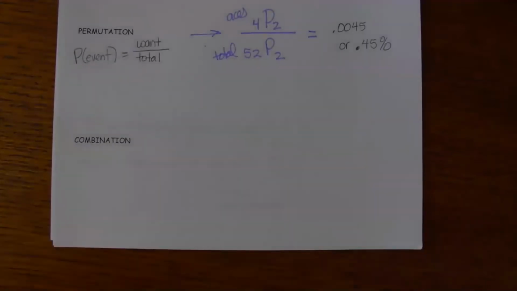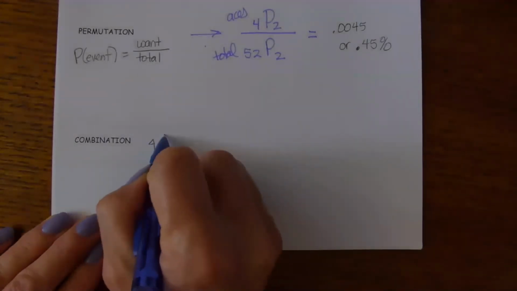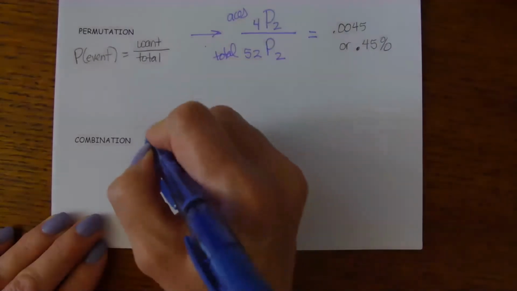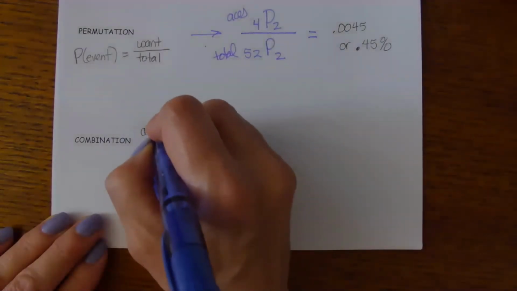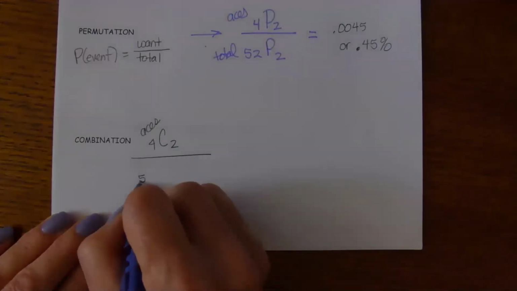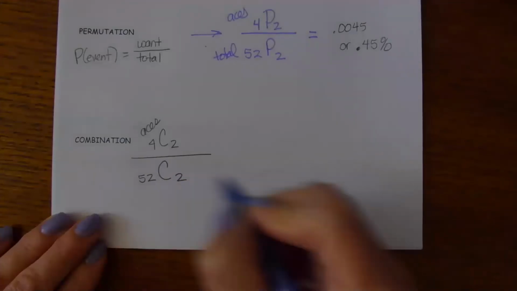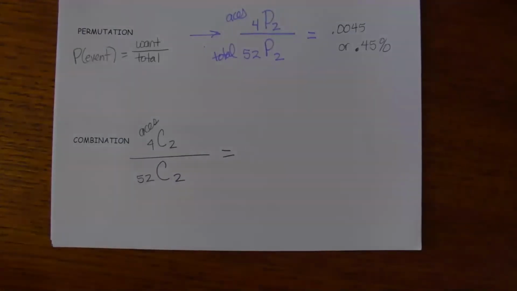What do you think a combination is going to be now? What's going to go on top? 4C2, because I want 4. I want aces. There's 4 of them. And I'm going to choose 2 cards. How many total do I have? Out of a total of 52 cards. And I'm still choosing 2 of them. Try it with a combination.